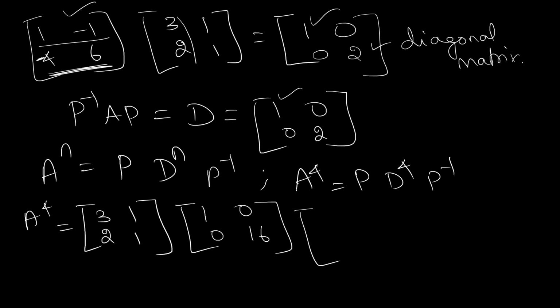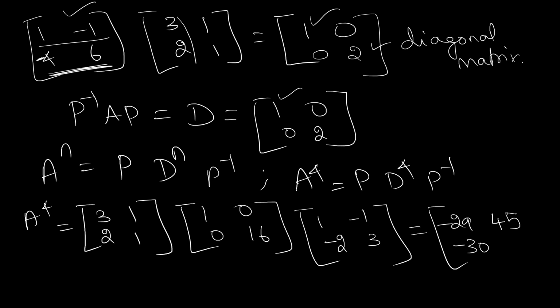And P inverse is, remember we changed the place and sign, and we got 1, minus 1, and the determinant value also you got as 1. So this is, again we have to do matrix multiplication, and try to simplify by yourself, and you will get this answer. So we are done with this.